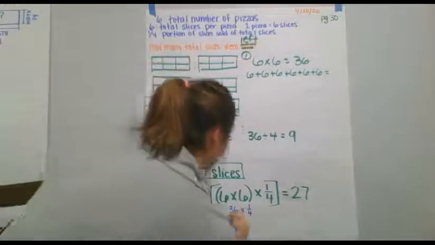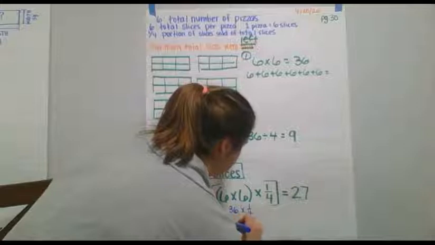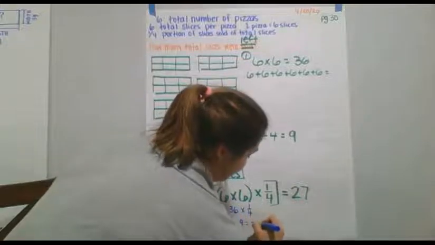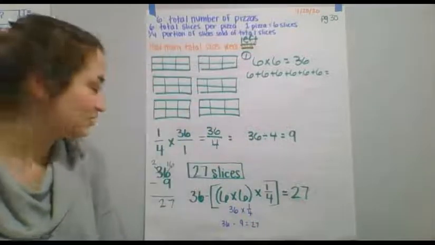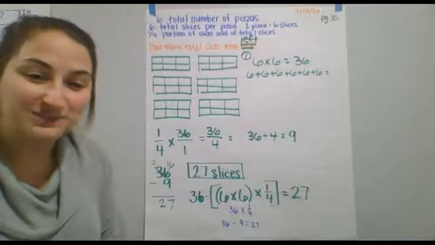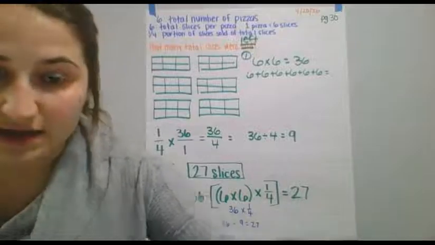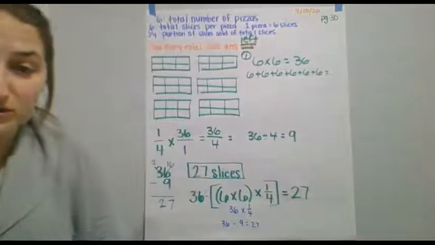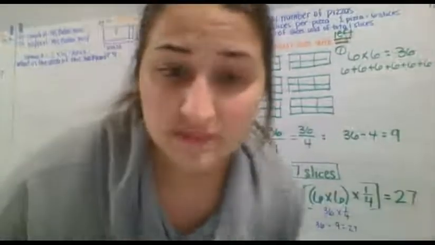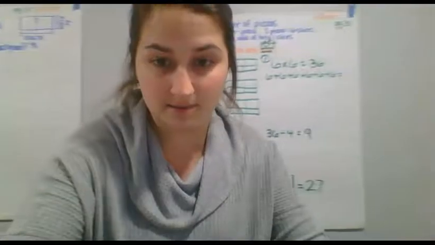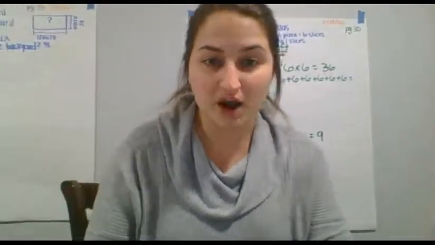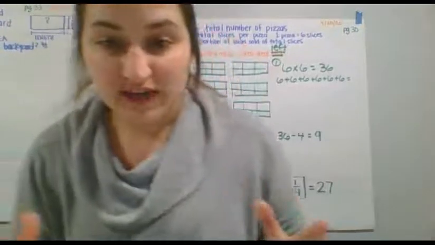Then the last thing we want to do is take that 36 and subtract 9, which gives us a total of 27. So at this point, if you have anything that you need to go back and double check, please do that. You can rewind the video and make sure that you have all of those different parts included in your work.